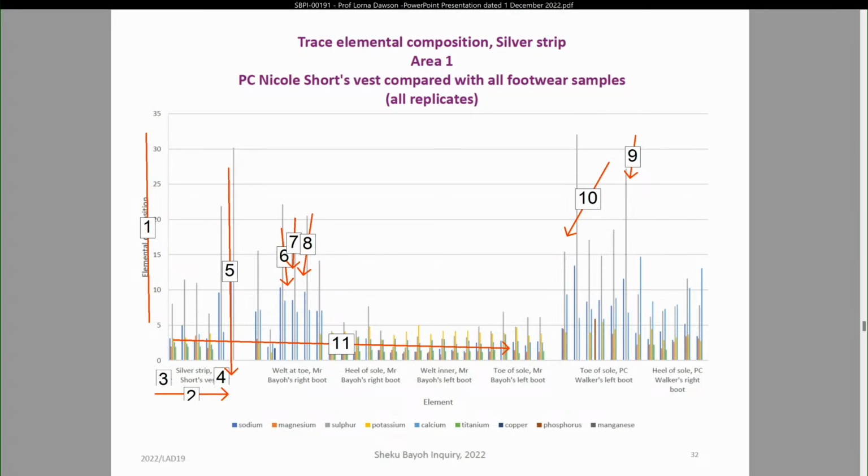However, replicates 1 to 4 are different from the sample taken from the welt at the toe of Mr. Bayo's right boot, the toe of the sole of Mr. Walker's left boot, and the heel of the sole of PC Walker's right boot. That's correct. And you said earlier that the conclusion that you would draw from this data as it's presented is that replicates 1 to 4 of Area 1 from the vest may share a common origin with the heel of the sole of Mr. Bayo's right boot and the 2 samples taken from his left boot.